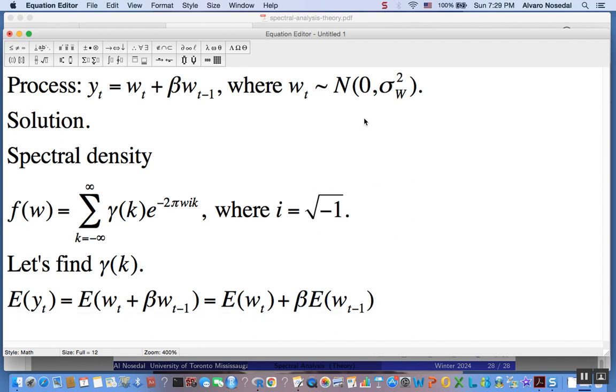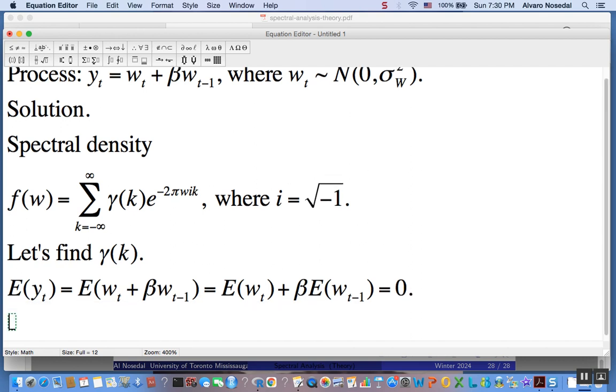By assumption, the expected value for Wt for every time t is 0. So we end up with 0 plus 0, that's just 0, right? Okay, perfect. So our process has a mean or expected value of 0.